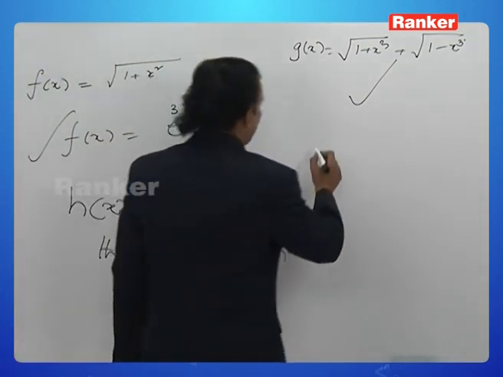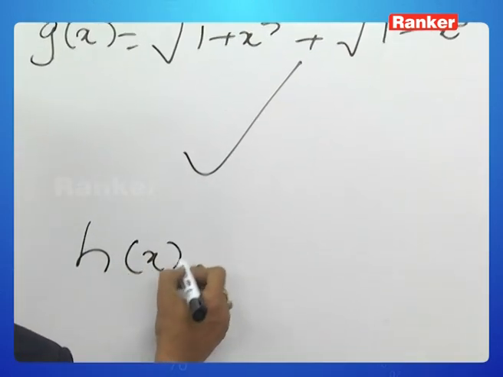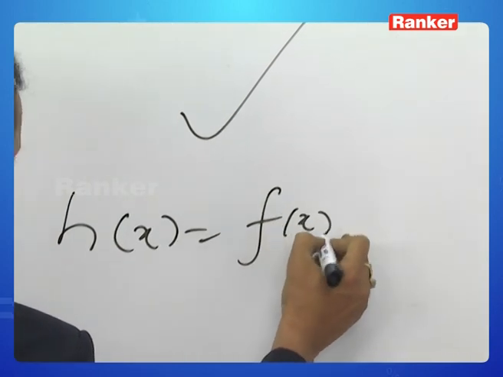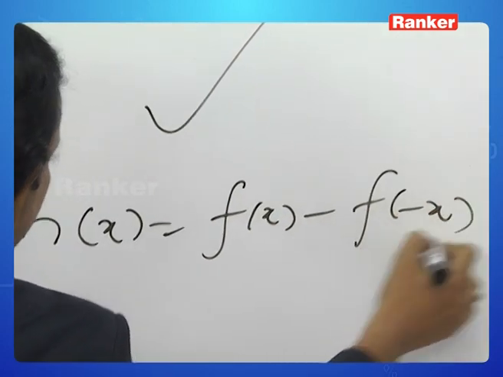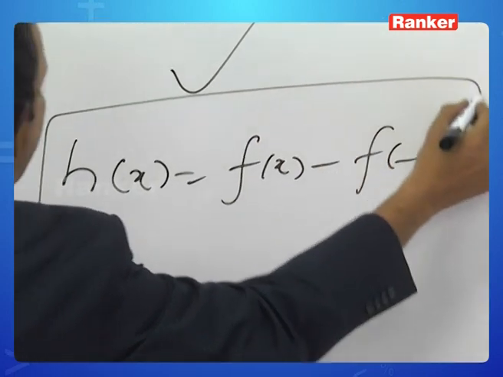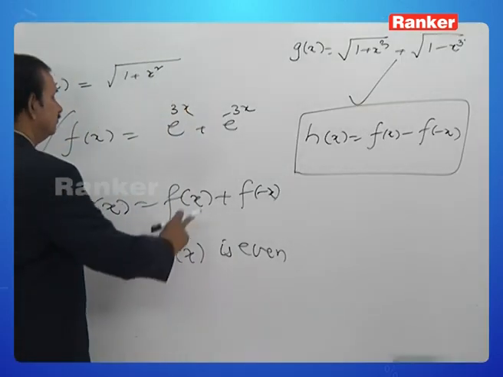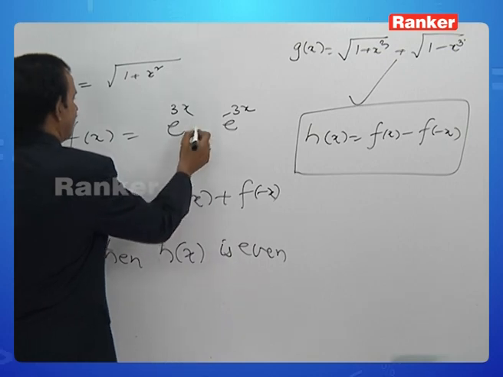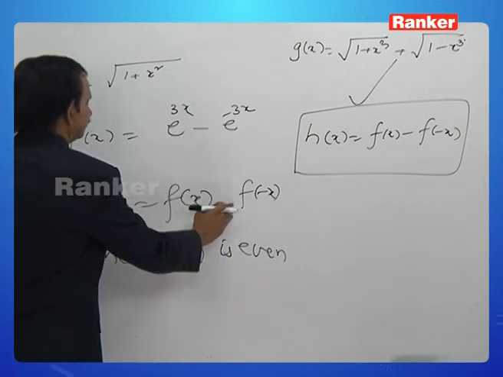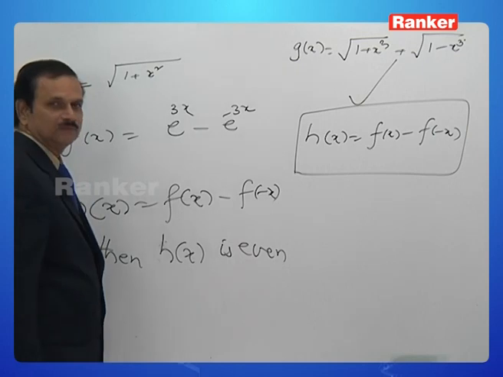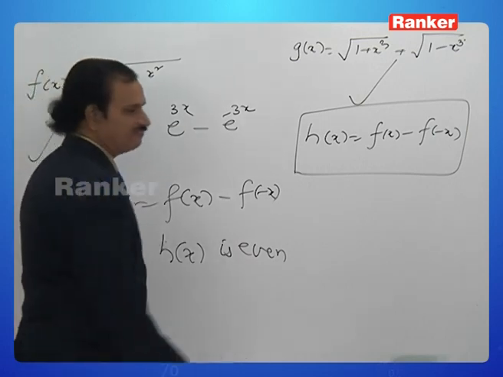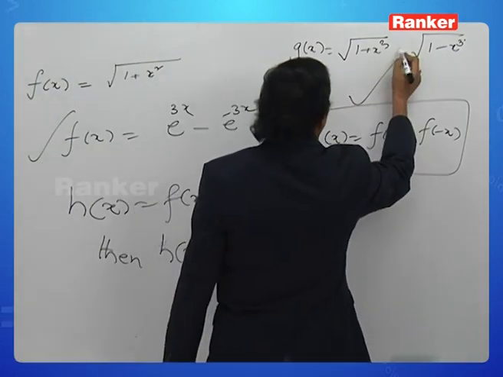Similarly, if you come across a function of the form f of x minus f of minus x, then this must be odd. Now, I change the sign here to minus. What is going to happen? It is an odd function. If I put minus here, what happens?